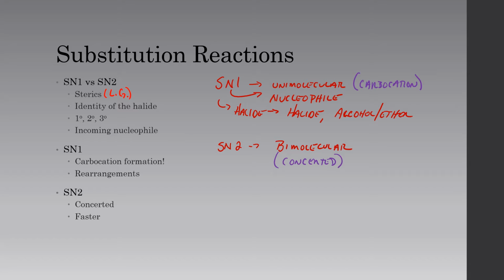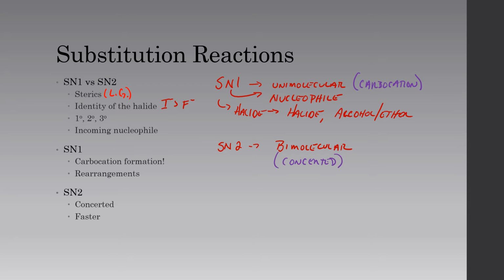They're going to have a different propensity for acting as leaving groups. And it all has to go back to how stable it is with that minus charge. Iodine is an excellent leaving group. It's a far better leaving group than something like fluoride is. So iodide, I minus, is a much better leaving group than fluoride is.